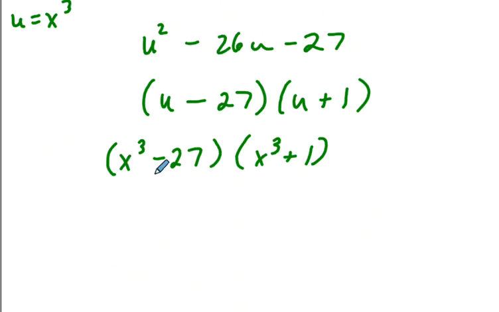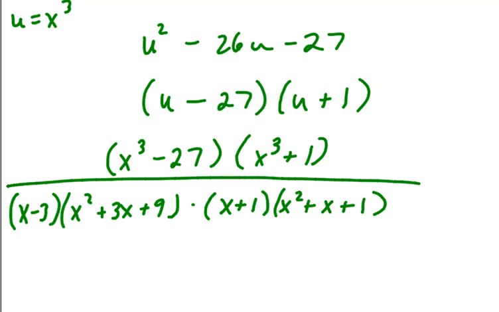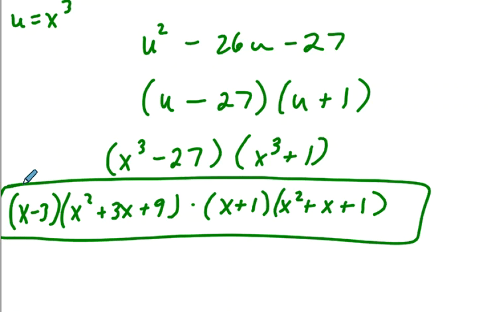Hopefully you noticed that this is actually a difference of cubes and that's a sum of cubes. So I can actually factor both pieces again. I get x minus 3, x squared plus 3x plus 9. That's factoring this piece out. And then this one's x plus 1, x squared minus x plus 1. Tricky.